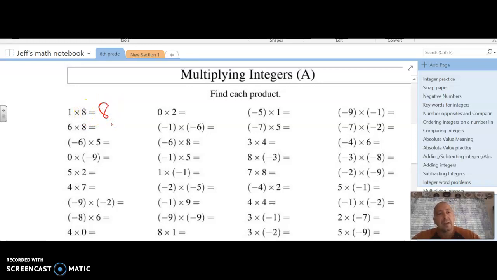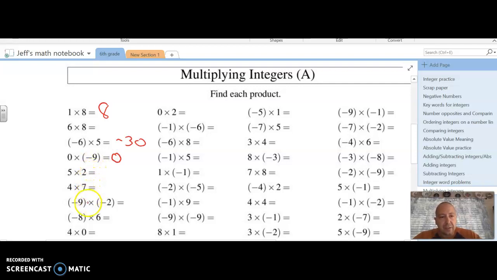If we have negative 6 times 5, a negative times a positive is going to come out to a negative 30. If I have anything times 0, doesn't matter whether it's positive or negative, anything times 0 is going to come out to 0.